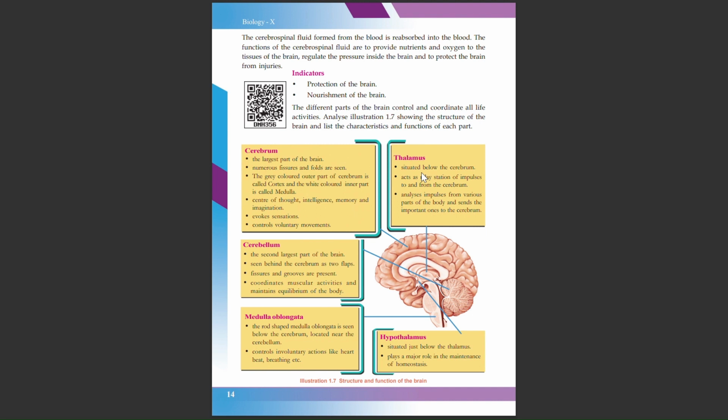It is situated below the cerebrum and acts as a relay station of impulses to and from the cerebrum. It analyzes impulses from various parts of the body and sends the important ones to the cerebrum.